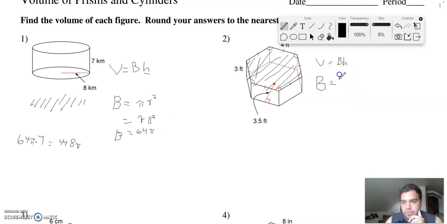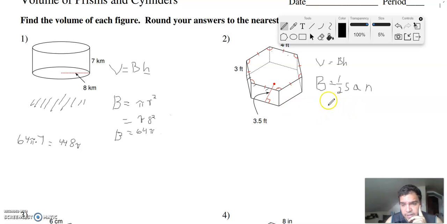The formula for a regular polygon is 1/2 times the size of the sides, S, times A, the apothem, times N, the number of sides. If you use a different equation, you're going to get the wrong answer.